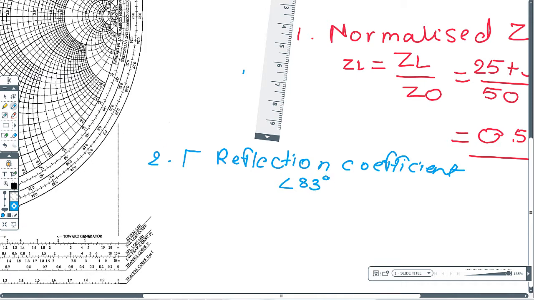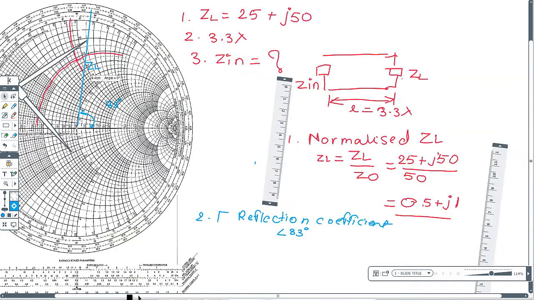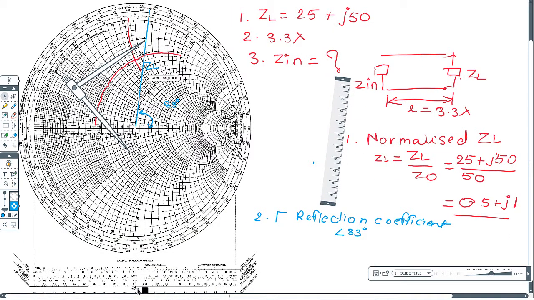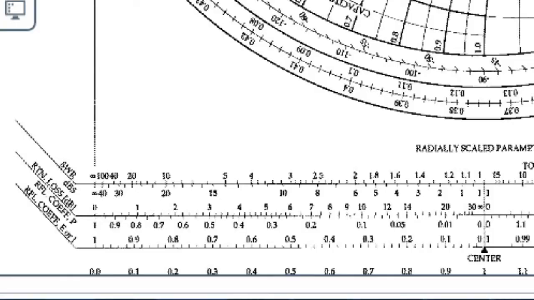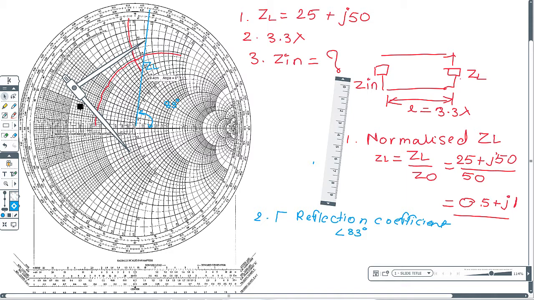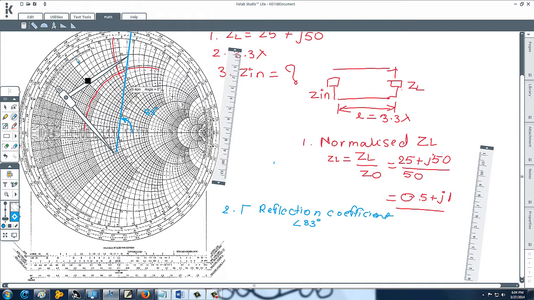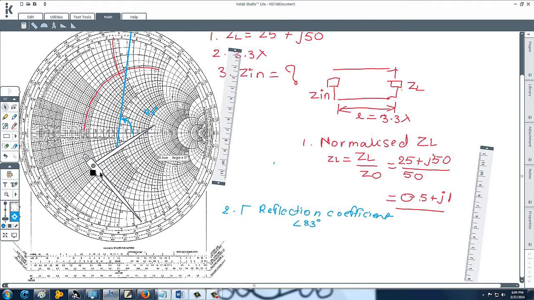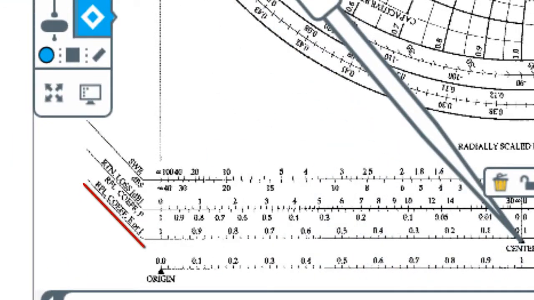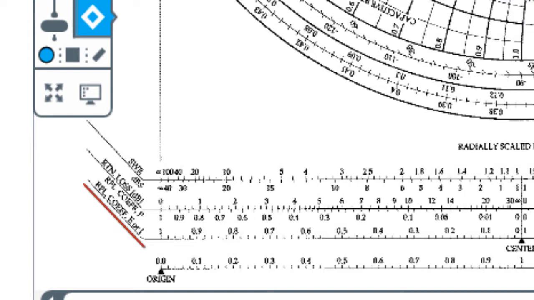We can calculate it from here, where some measurements are given.